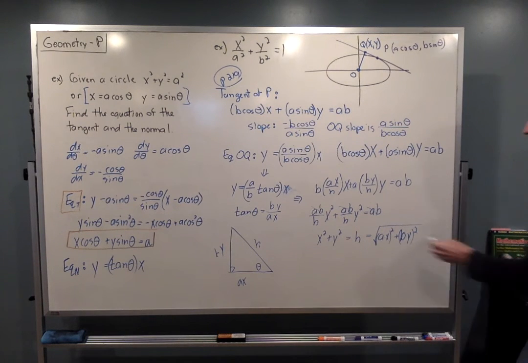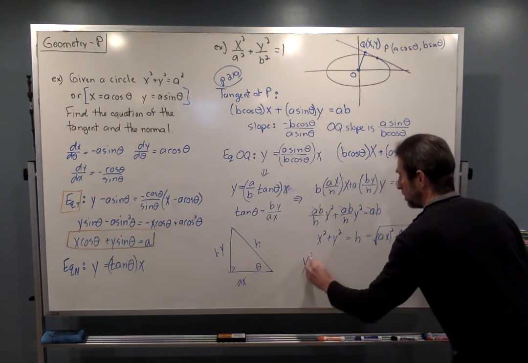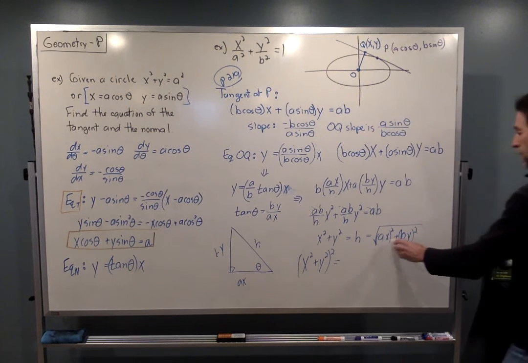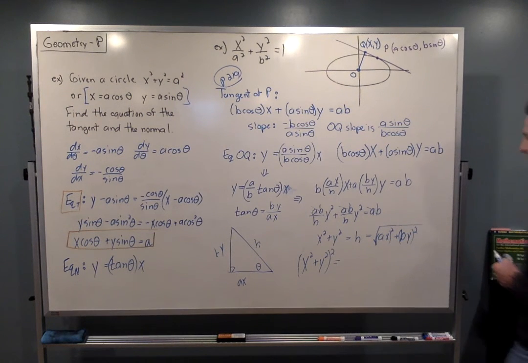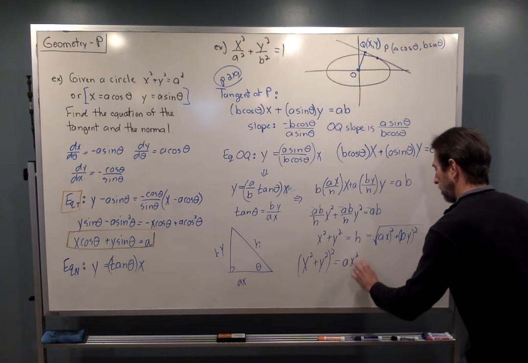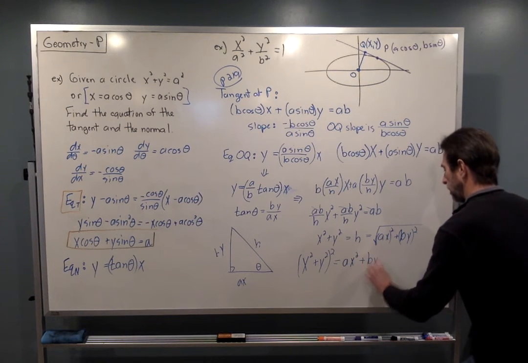If we square both sides, we get x squared plus y squared equals, I'll just keep it like that, ax squared plus by squared.